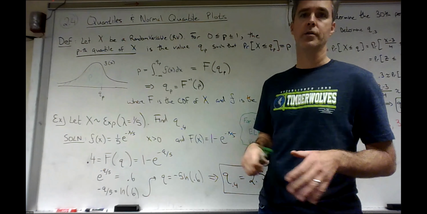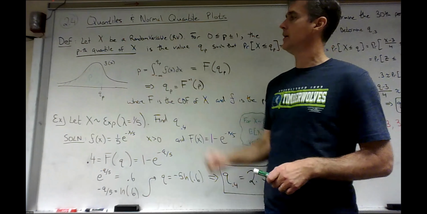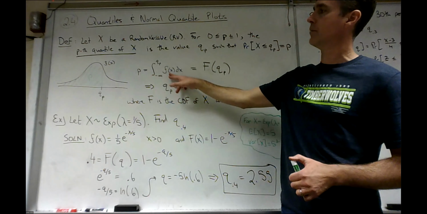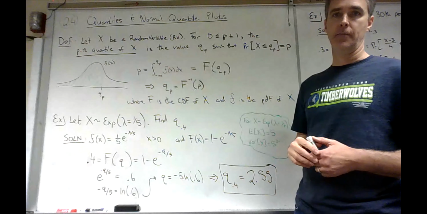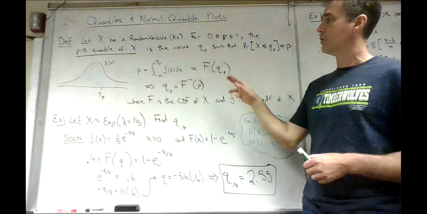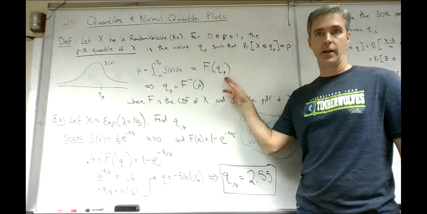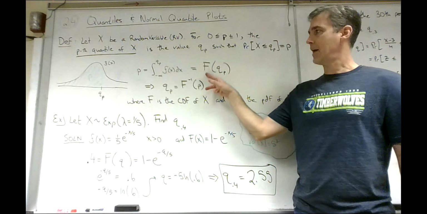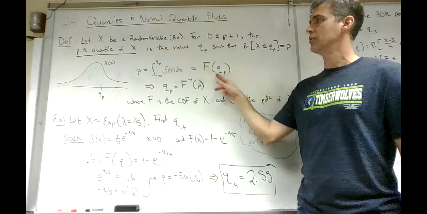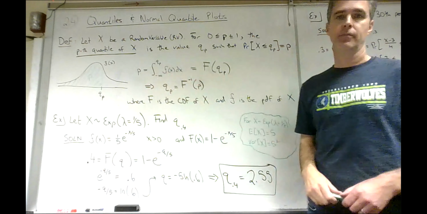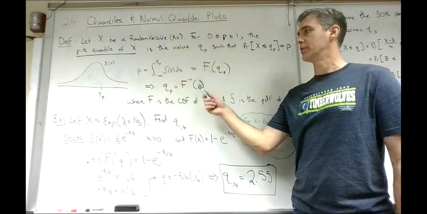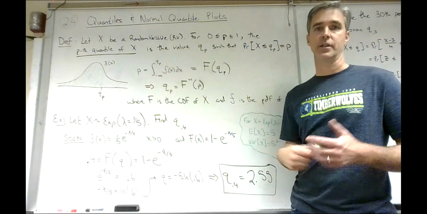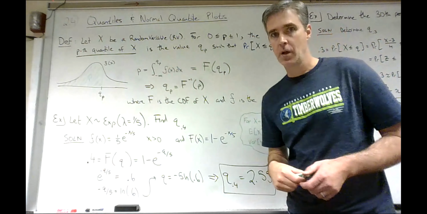Or in terms of calculus, p is equal to the area underneath the PDF from negative infinity to q sub p. Or if you want to use the CDF, capital F at q sub p should return the value of p. Or q sub p is capital F inverse of p. It's the inverse of the CDF.